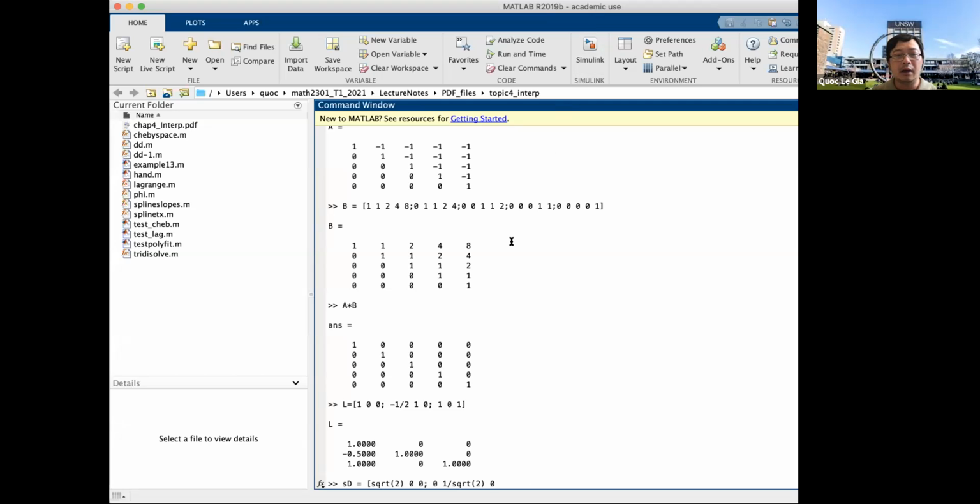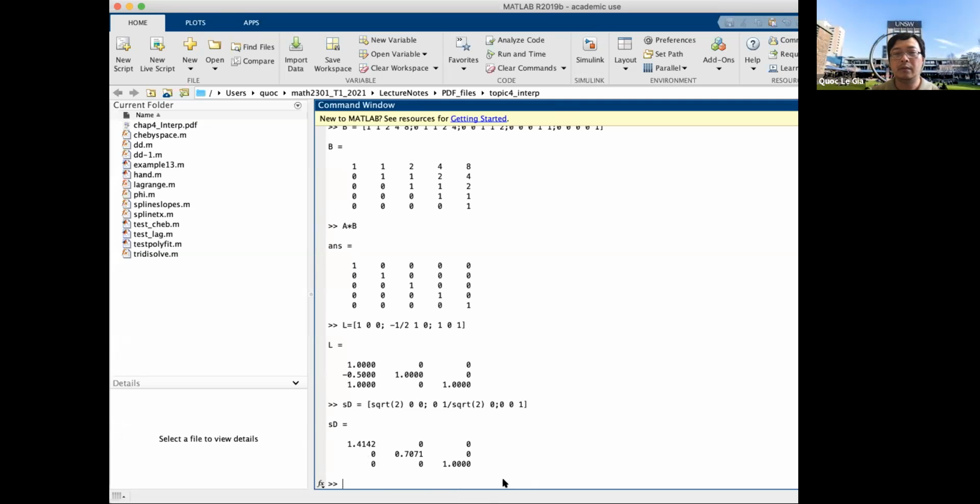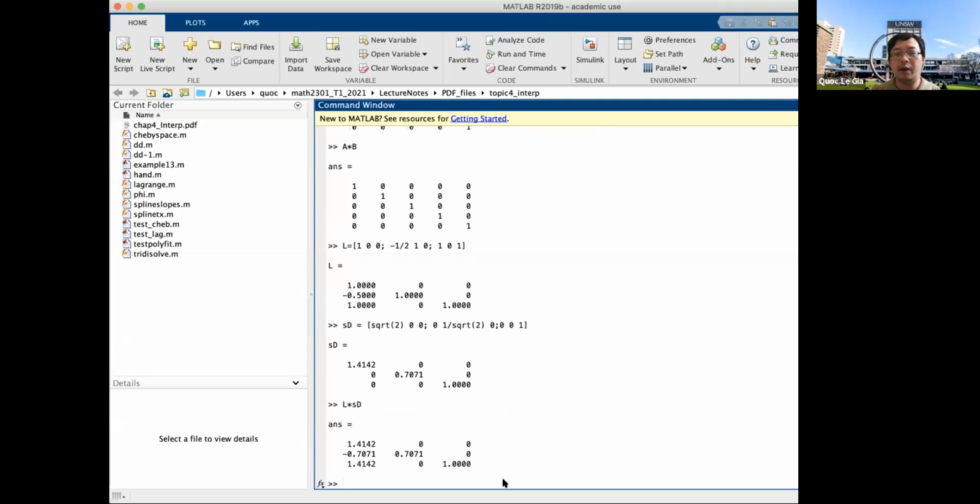Then I put in 0, 1 over root 2, 0, and 0 0 1. Then I multiply L times square root of D, and do not forget the transpose.